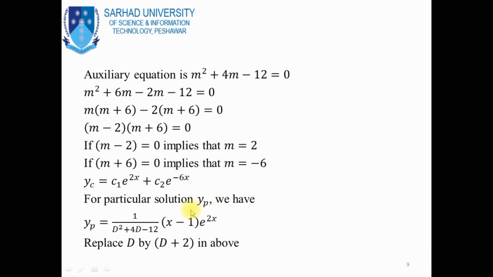Now for the particular solution, using the shift theorem, 1 over d square plus 4d minus 12 into x minus 1 into e power 2x. Now take out e power 2x and replace d by d plus 2.